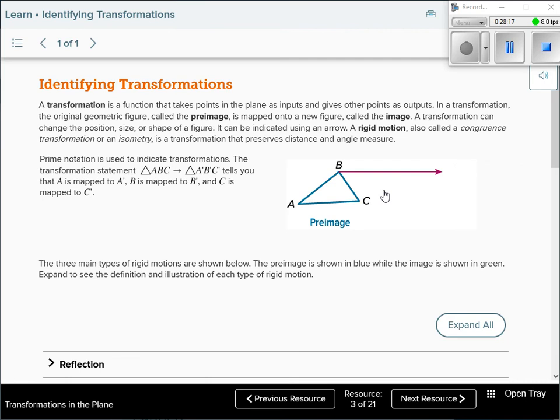What did we say it was going to be called? Sliding. It's a slide. You're starting with your pre-image. The original shape is called the pre-image. The shape you end up with is called the image.